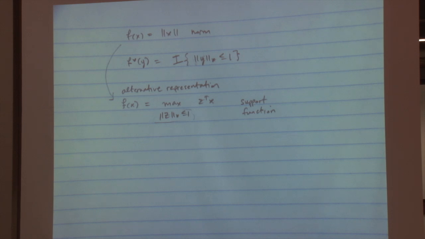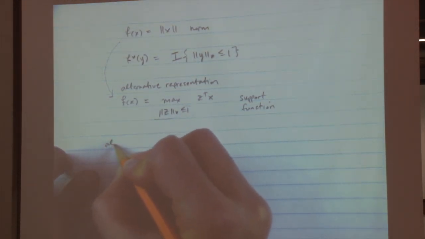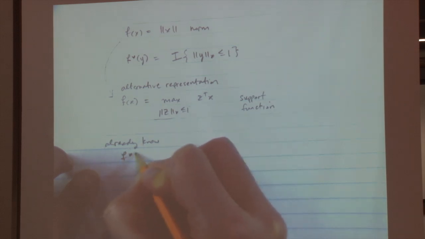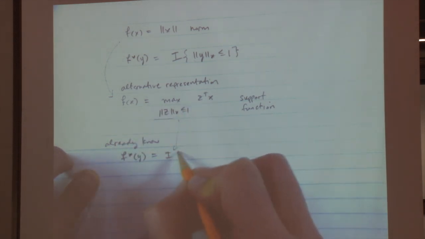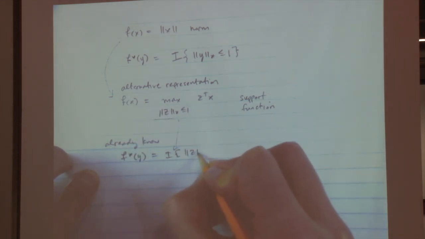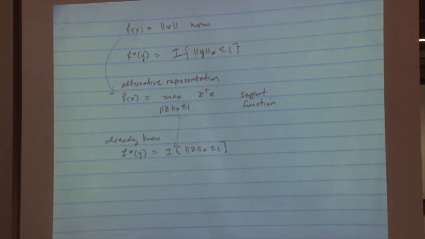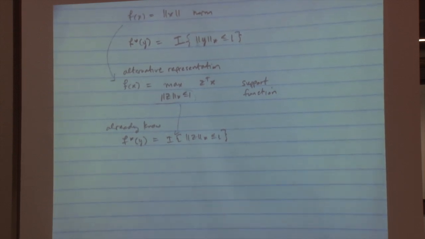The support function's conjugate is the indicator function. So therefore, f star of, say, y is going to be the indicator function of whatever this is. Okay, so that was an example of how we used the last fact to prove this.